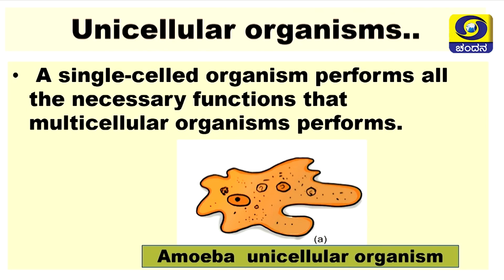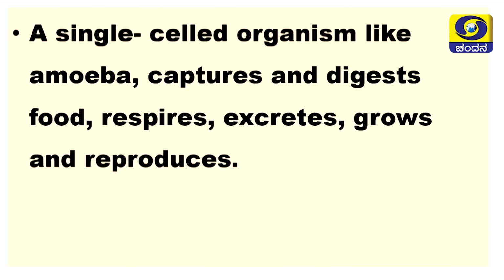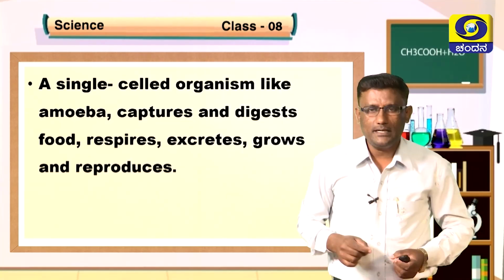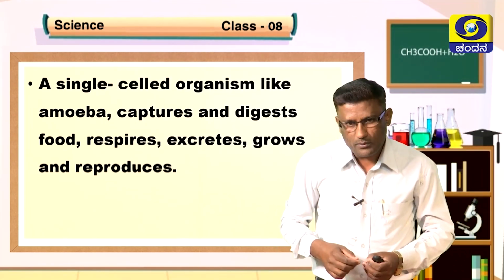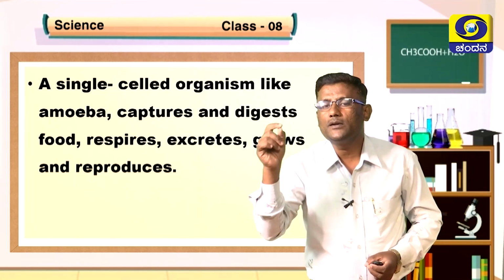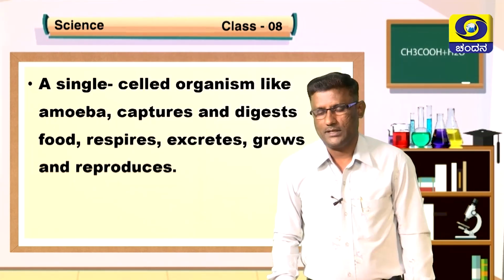I mean to say, in multicellular organisms, different groups of cells together perform functions, whereas in a unicellular organism, a single cell performs almost all necessary functions. In single-celled organisms like amoeba, the cell captures food materials, digests the food materials, and also takes part in processes like respiration, excretion, growth and reproduction.